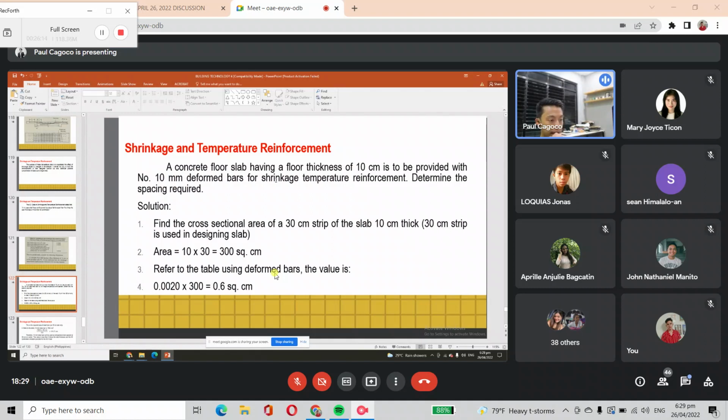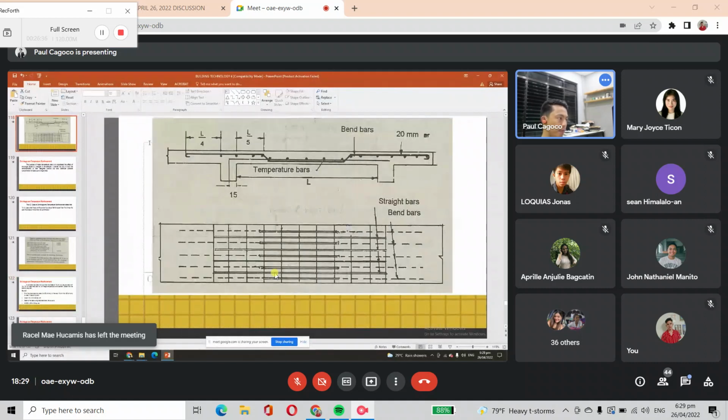So sa temperature bar, constant na ang 30 cm strip. But katong bent bars, mag-base ka sa L over 5. So don't be confused with the L over 5 and sa imong 30 cm strip, ha. The 30 cm strip is constant in designing sa temperature reinforcement. But when it comes sa imong bent bars, L over 5 na yun.